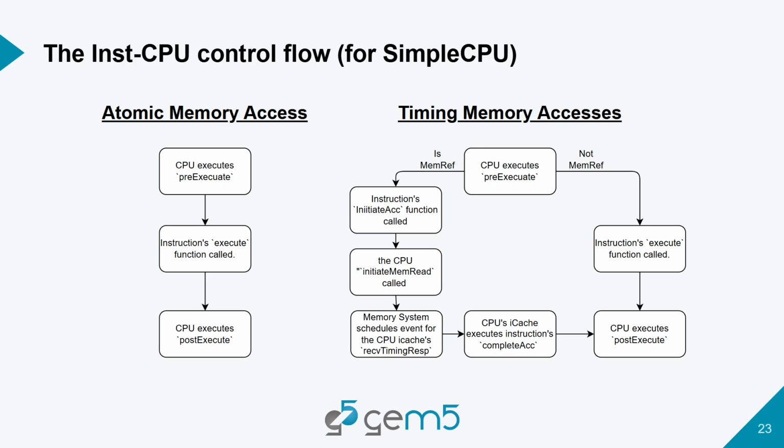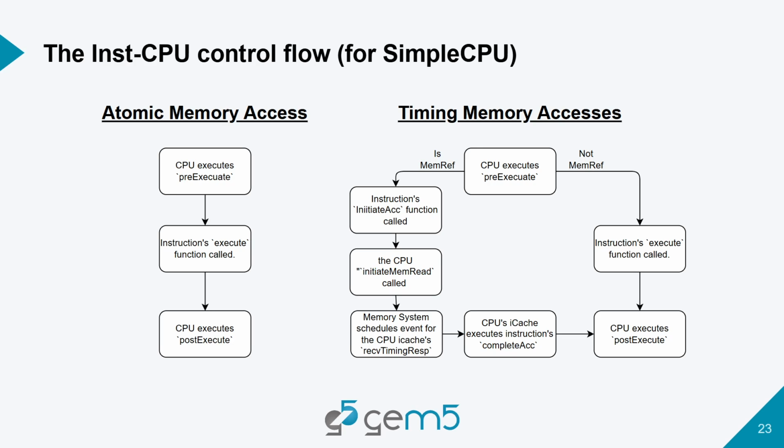The timing memory access model is a little different. If it's not a memory operation, i.e. it doesn't reference anything in memory, it is pretty much like atomic memory access. You pre-execute, you run the instruction's execute, and the CPU runs post-execute, all in one tick.